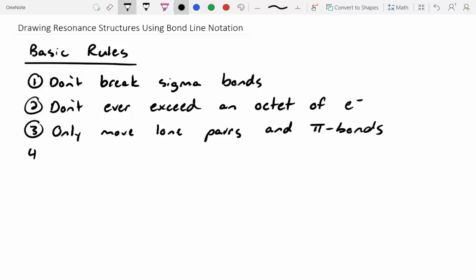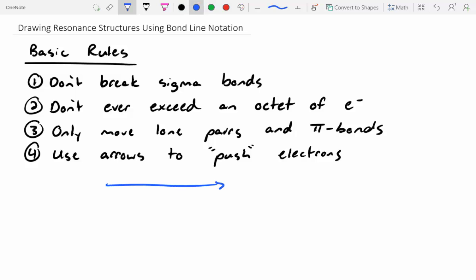And then number 4 is we're going to move these electrons using arrows. So we'll use arrows to push electrons. The types of arrows we use are typically single-headed arrows. We don't have a cross on the end like we saw with dipole arrows.